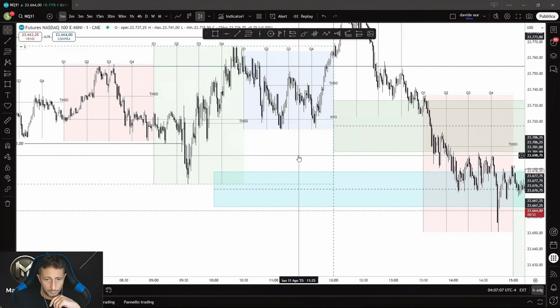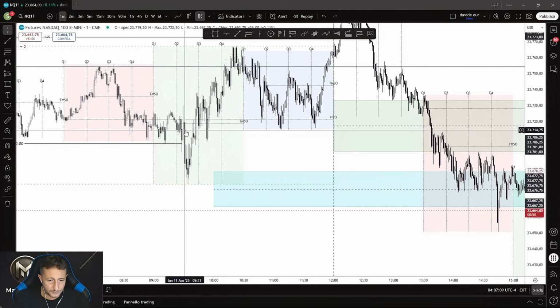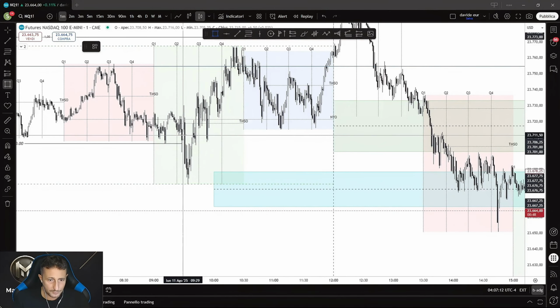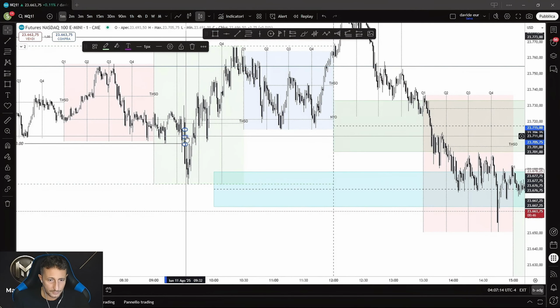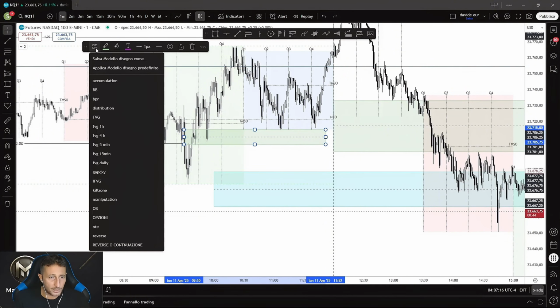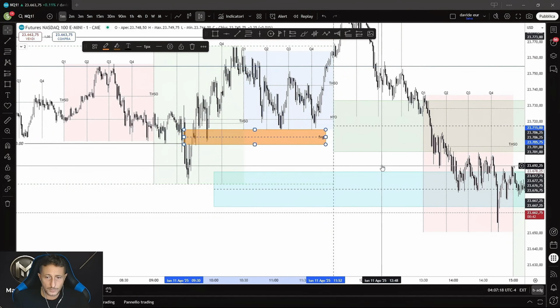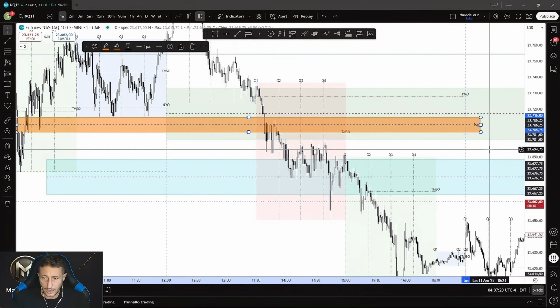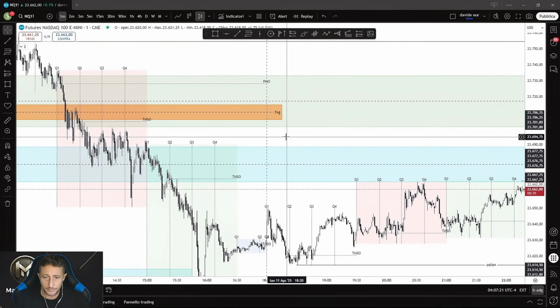So, this was the first fair value gap. We'll mark it with a different color, okay? And most likely, guys, the target, if it goes long. Now I can switch to the 5-minute chart again.